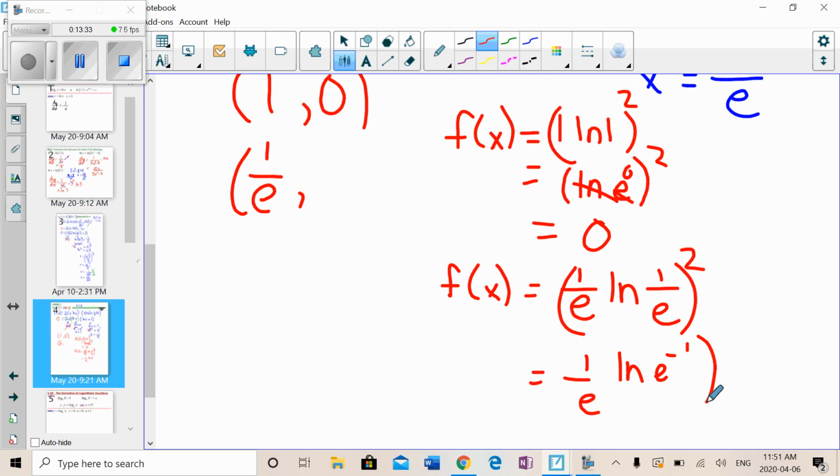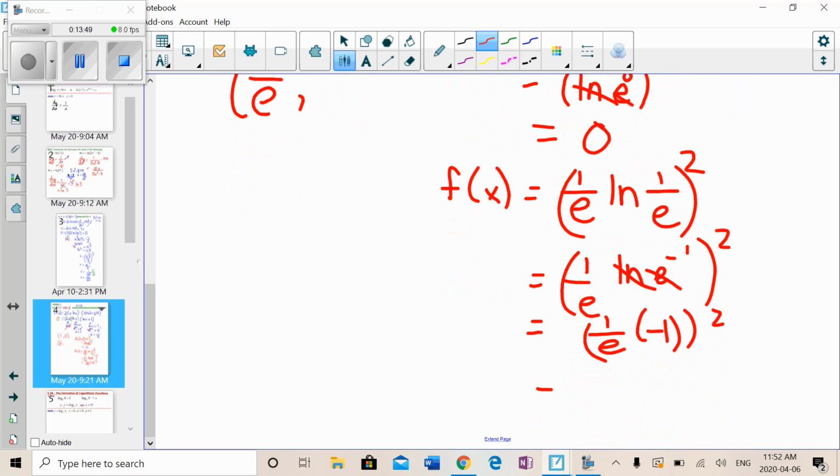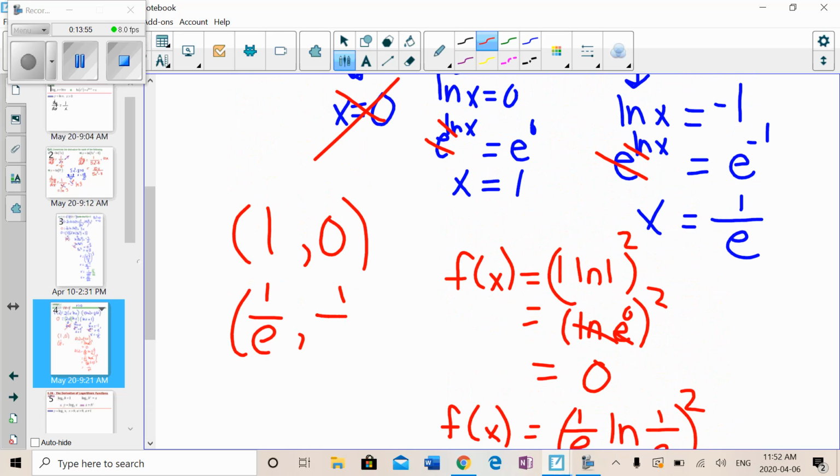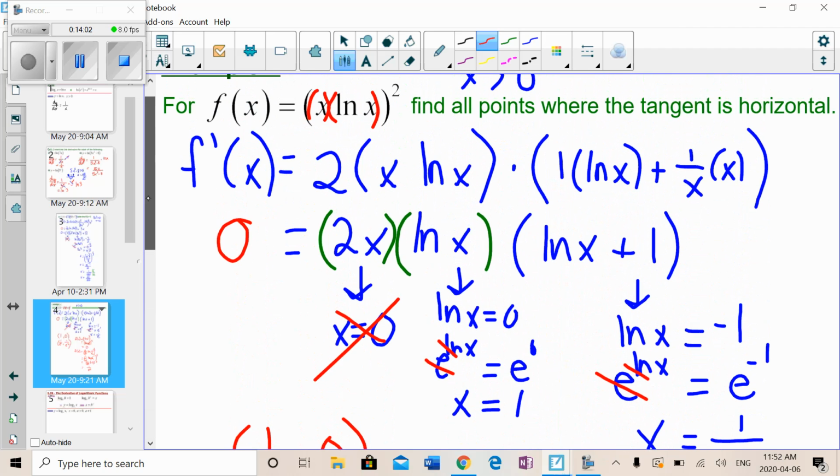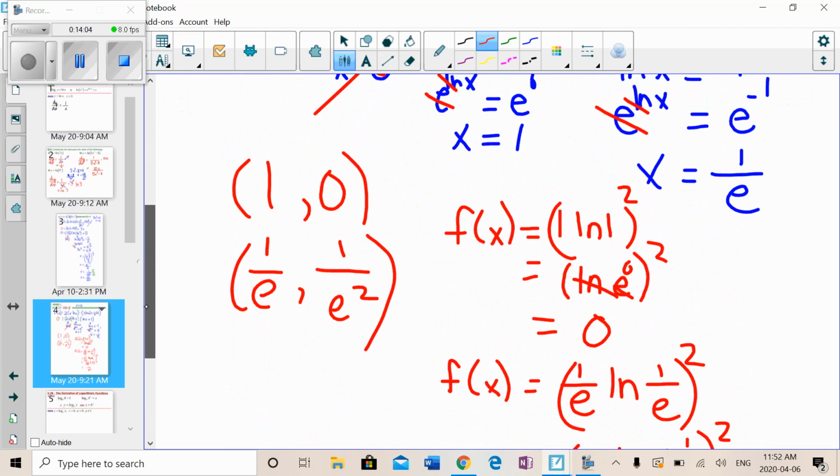I'm going to actually rewrite it like that, which is 1 over e, and then these cancel, so that's times -1 all squared, which is really just 1 over e squared. Because it's 1 over e times 1 over e, which is 1 over e squared. So that's the y value here. So those are the two places where the tangent is 0, or where the tangent is horizontal.